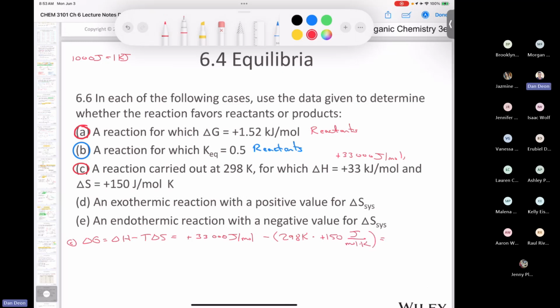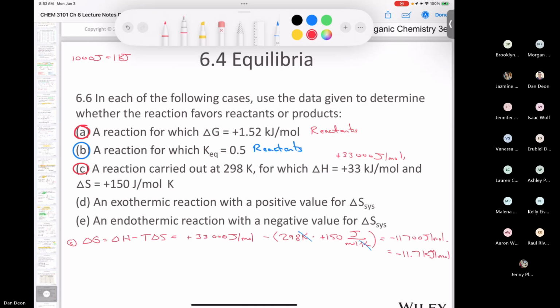I've already done the math. Here you see that Kelvin cancels out, so you get negative 11,700 joules per mole, which is the same thing as negative 11.7 kilojoules per mole. Would that favor the products or the reactants?